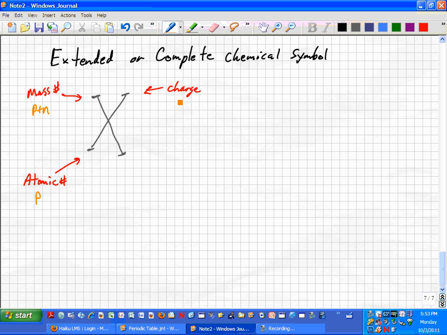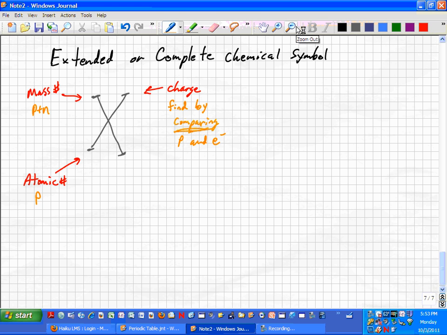And we know that the charge is found by comparing protons and electrons. Again, comparing. We're not going to memorize a formula. Let's go ahead and take a look at an example or two.